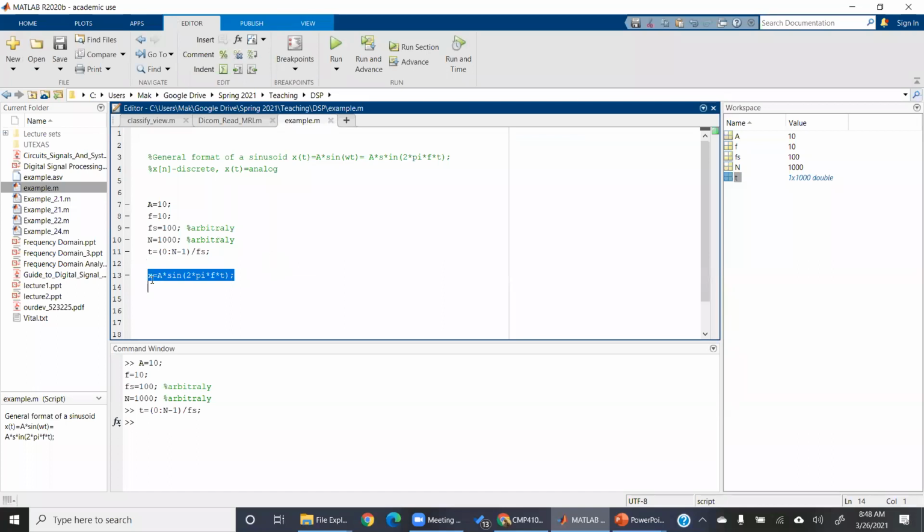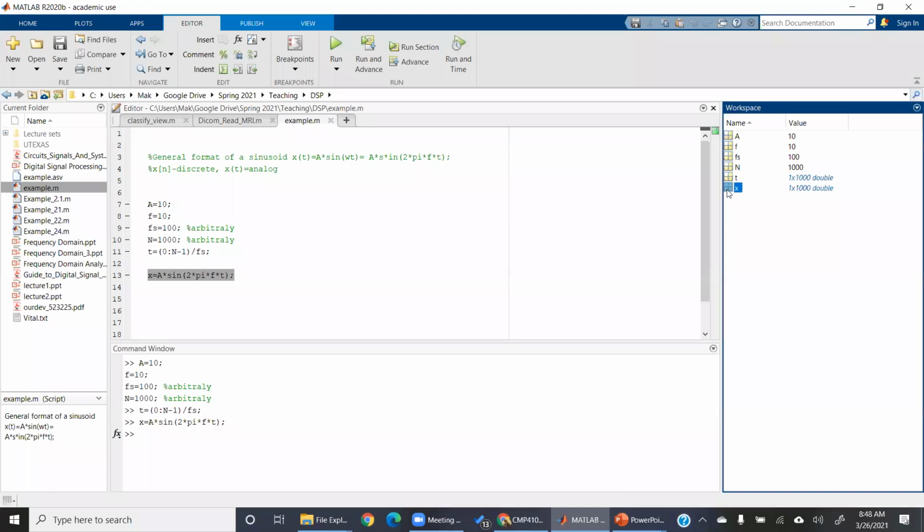And so now generate the y value array from x equal to a sine 2 pi ft. Let me run that as well. And so we have t and we have x.